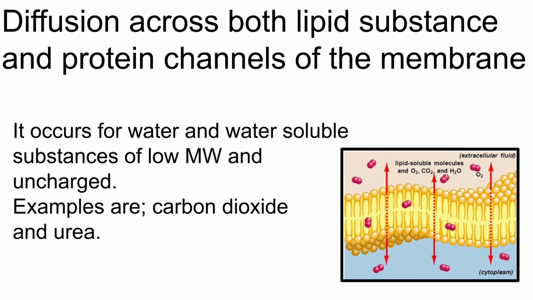And secondly, they are uncharged. This is to avoid repulsion by the charges of lipid bilayer, which will reduce their velocity. Despite the fact that they are lipid insoluble, they diffuse through the lipid bilayer as bullets, depending on their very high velocity. Some examples are carbon dioxide and urea.